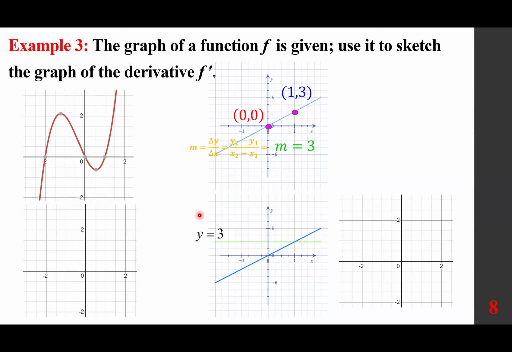What happens here? Well, we start with the easy points, namely these 2 points, because those 2 points correspond to x-intercepts for f prime. And let's look at the part in between.